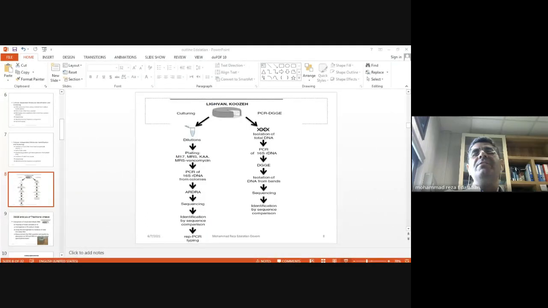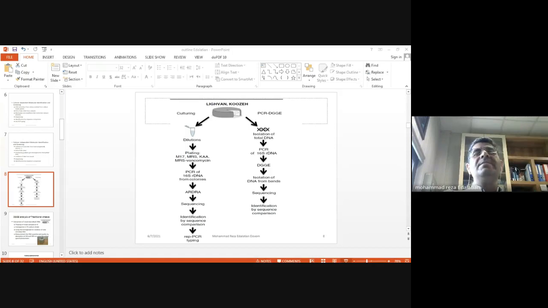For example, here the concentration of extracted DNA is 65.4 nanogram per microliter. It shows that the quantity and the concentration of DNA is good, and you can use this DNA for PCR.